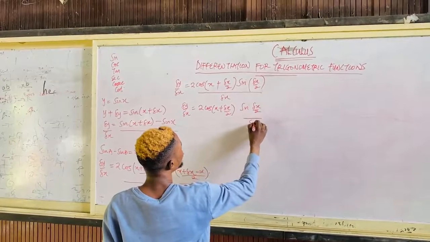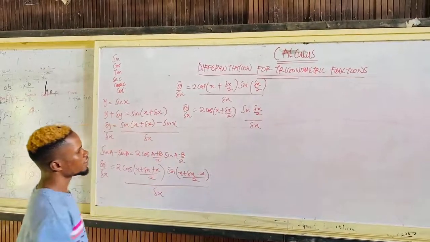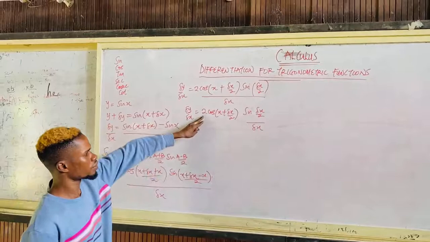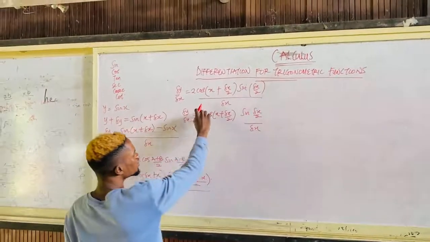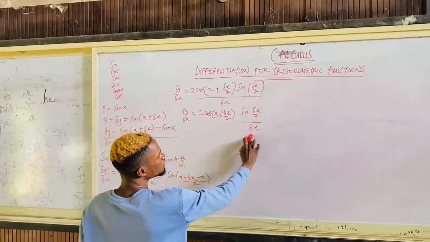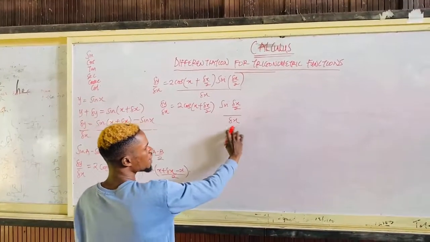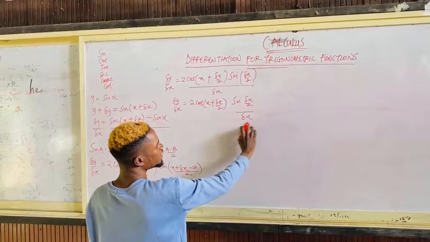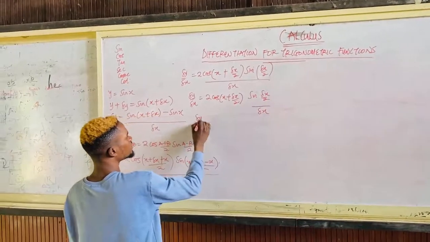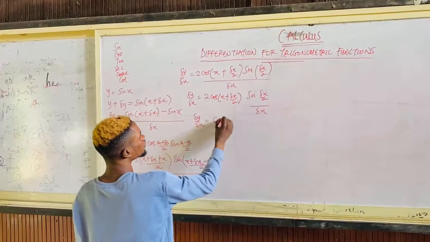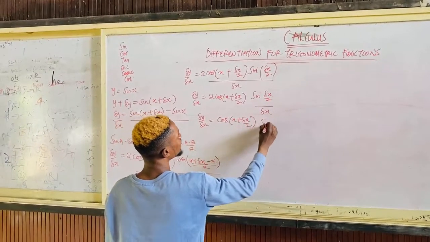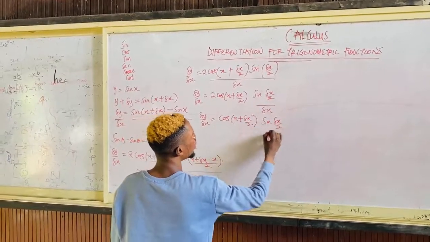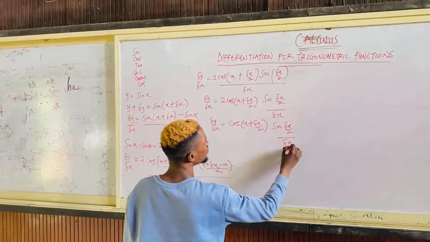Now look at this numerical factor 2. If we transfer it to the denominator on the right hand side, it is the same thing as having cos (x plus del x all over 2), then sine (del x all over 2) all over (del x all over 2).